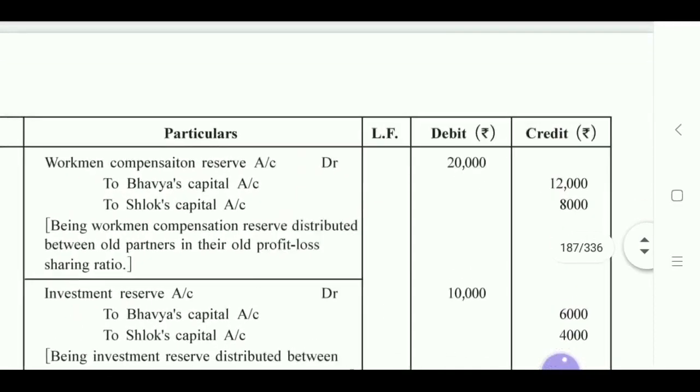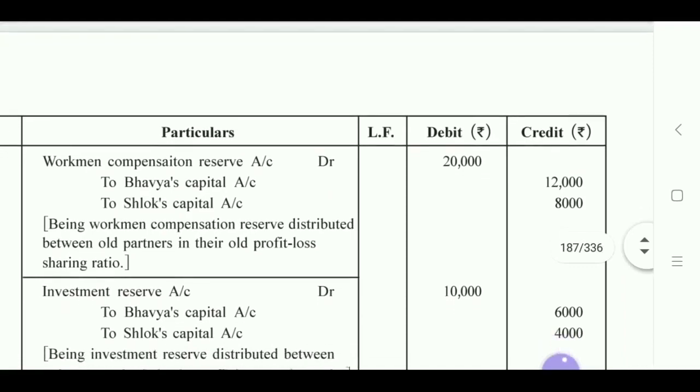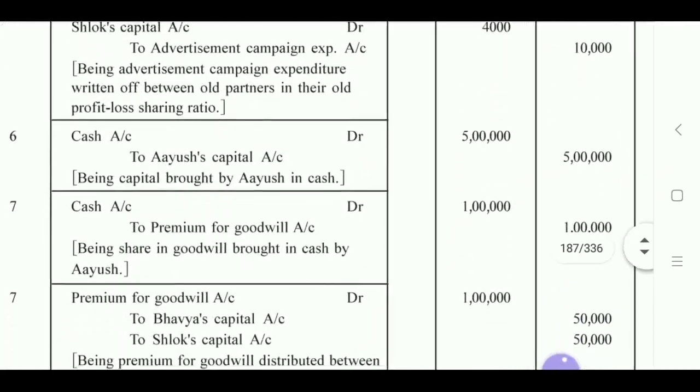Workmen compensation reserve account debit. अब ये भी reserve ही है, and there is no adjustment related to this. This was also given on the credit side of the balance sheet. This is to be distributed among partners in the old ratio. You can see here, it has been debited and partners capital accounts have been credited. So let us check the posting for this quickly.